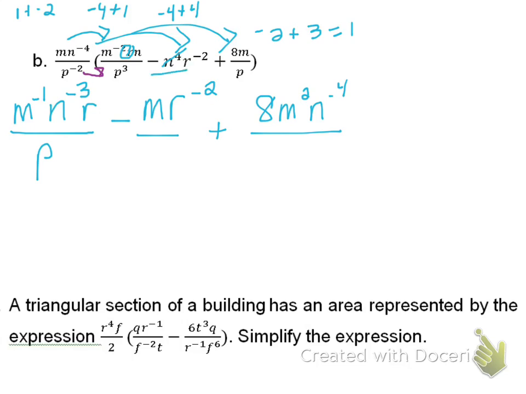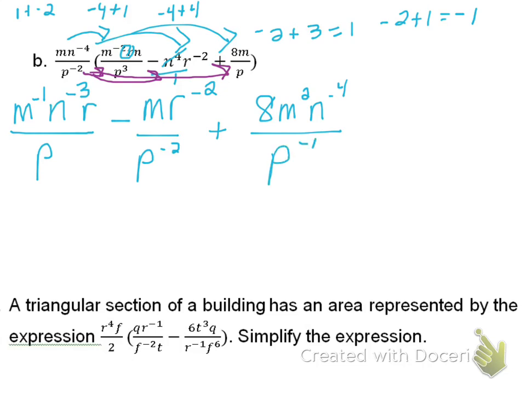And then the next term is over a 1, so that would just be p to the negative second power times 1, which is p to the negative second power. And then the last one, p to the negative second power times p to the first power, so again that's negative 2 plus 1, which equals negative 1. So that would be p to the negative 1 power.